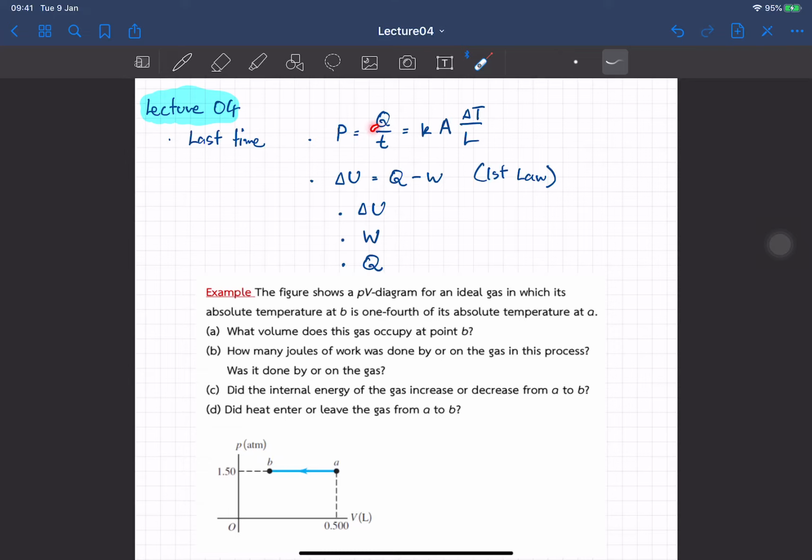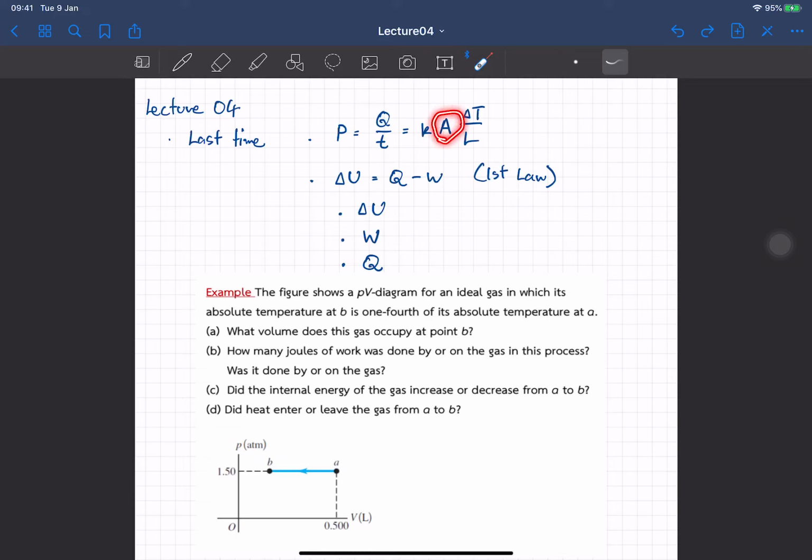So instead of talking about just heat flow, we talk about heat flow per unit time. So Q over t gives you power, which is in watts. Okay, so watts equal joules per second, which is divided by time. And depending on the material, you're gonna have different heat conductivity. We have the table in the last lecture, so you can take a look.